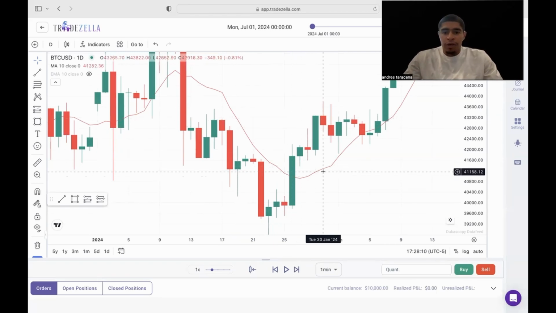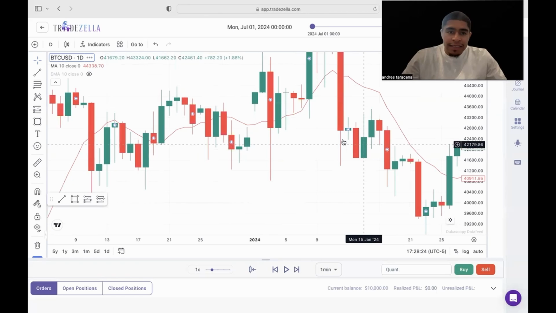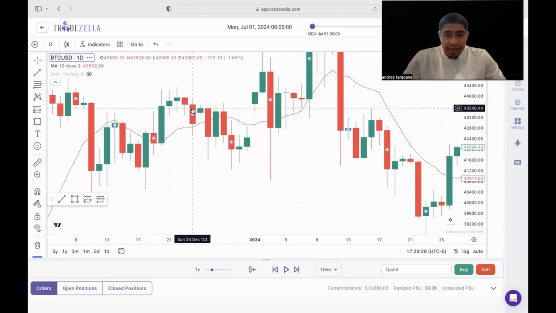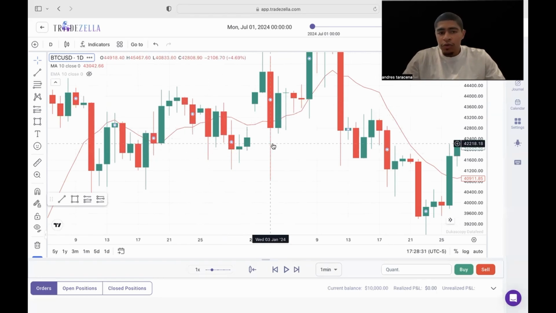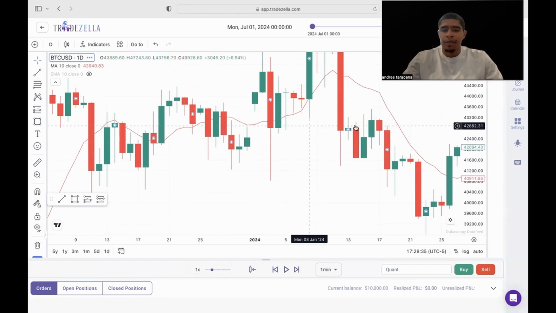Now, when the indicator starts to curve upwards, that's an indication that the trend should be moving in a bullish direction. Now, when the indicator is not moving in either direction, it's kind of flat like it is here, that means there is no trend. There is no up or down trend. It's in a sideways market.